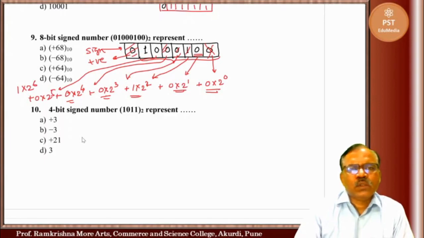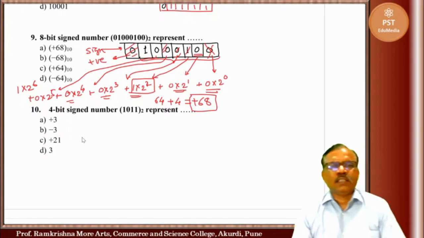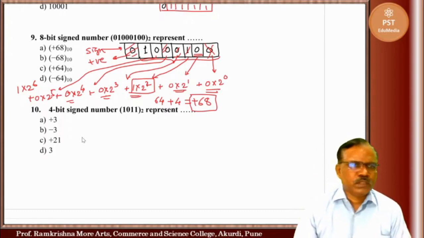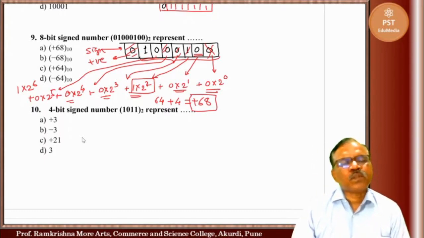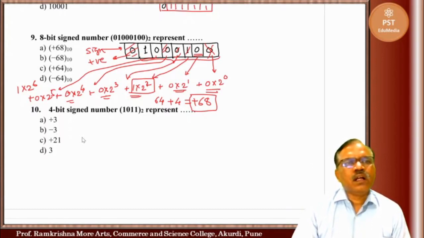So here 1 into 2 raised to 6, 2 raised to 6, it is 64 plus this one 4. All other are 0. So this is 68. So this first one is correct.